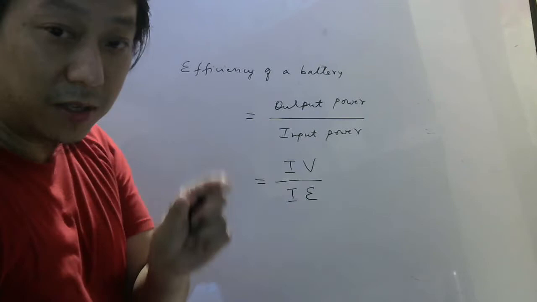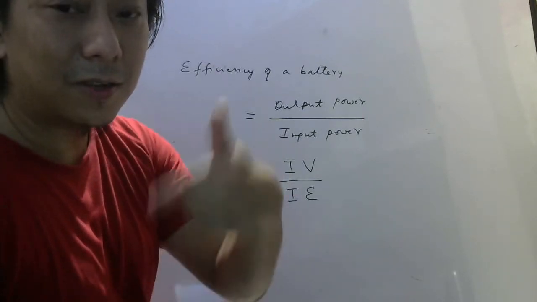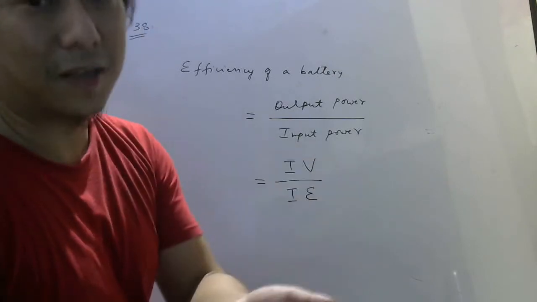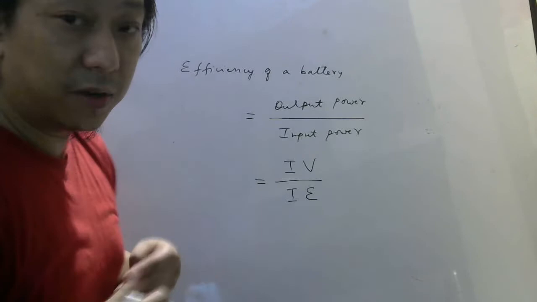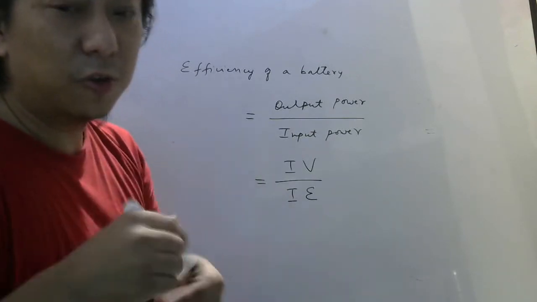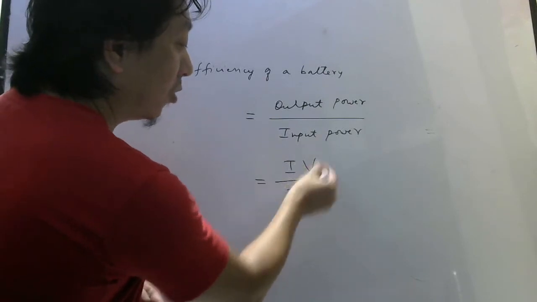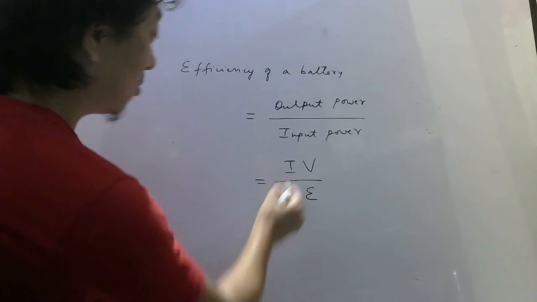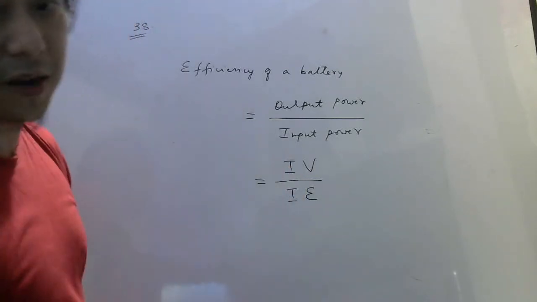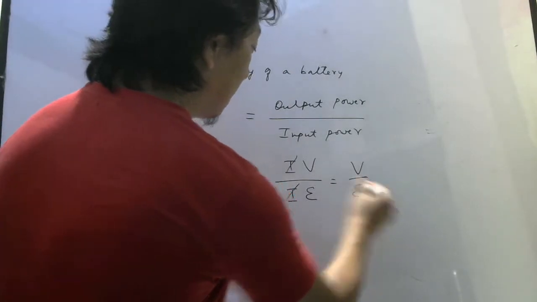EMF is the potential difference between the terminals of the battery when it is not giving any current. This much power can be given by the battery, but because of the internal resistance, the voltage is only this much when you actually connect the battery to a circuit. So this would be the efficiency of a battery. Current would get cancelled, so it will be V divided by E.